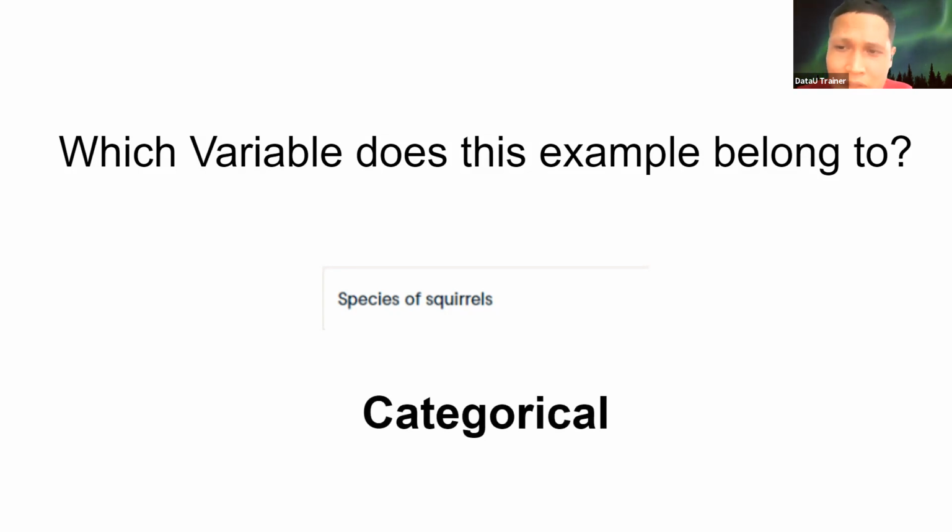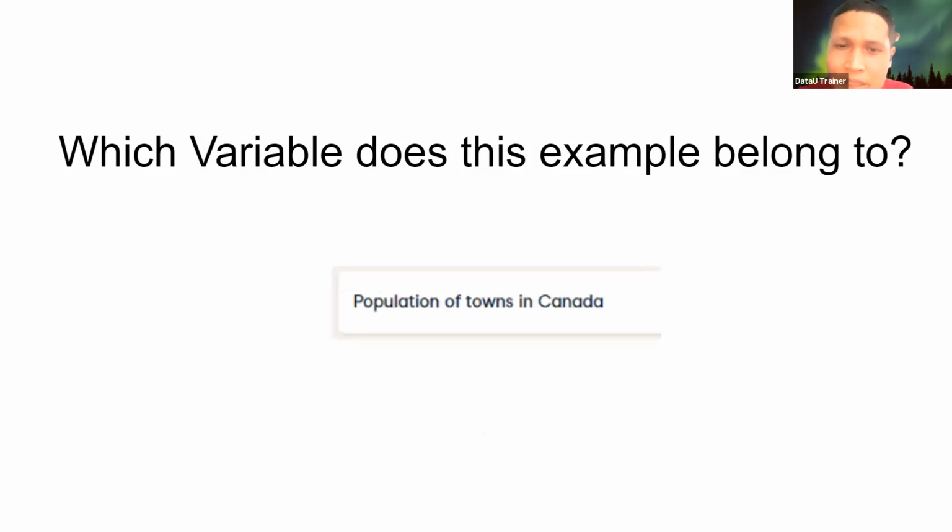All right, I'm going to move on to the next one. Population of towns in Canada. Population of towns in Canada. What do we think here? Population of towns. So there's many towns in Canada, right?